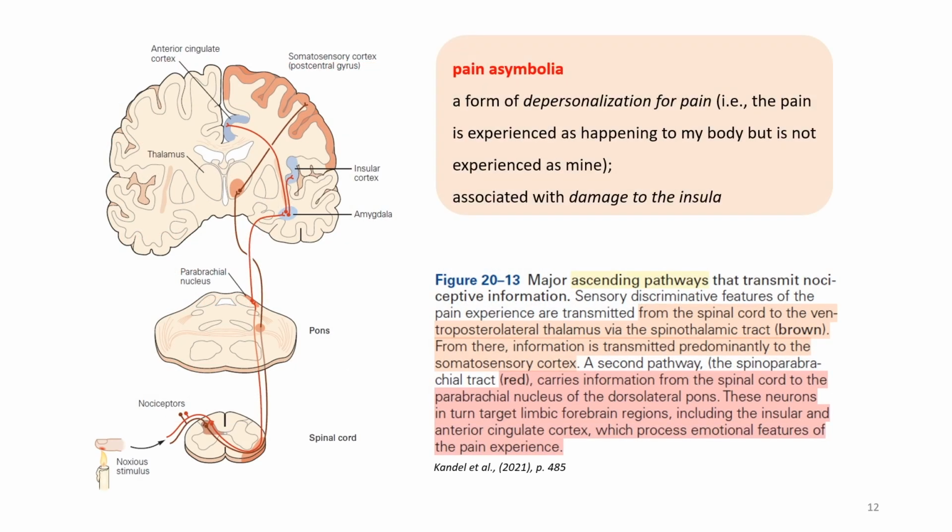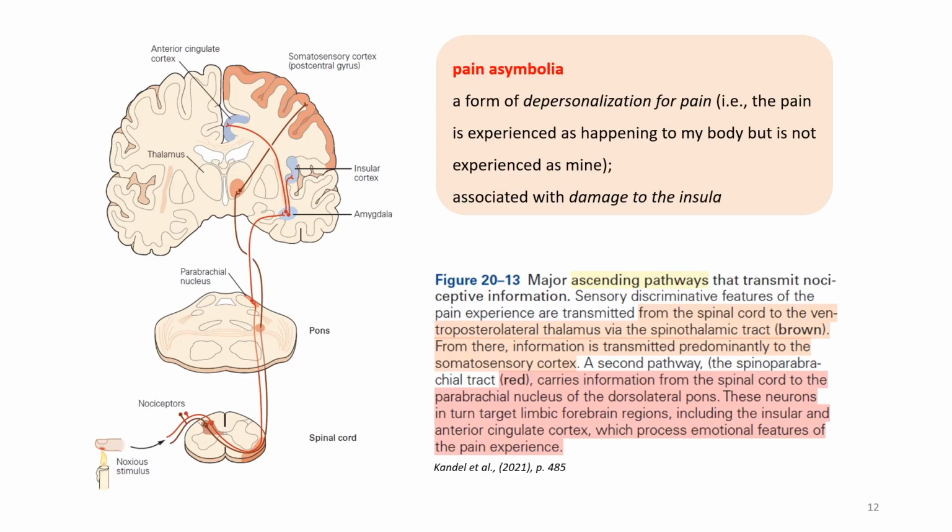Now, here we see a depiction of the major ascending pathways that transmit nociceptive information. And interestingly, there is a phenomenon called pain asymbolia, which is a form of depersonalization for pain.